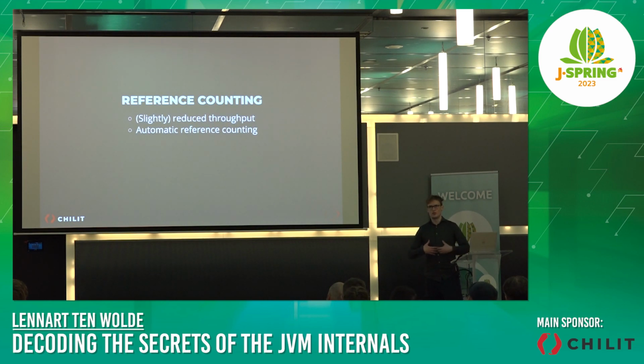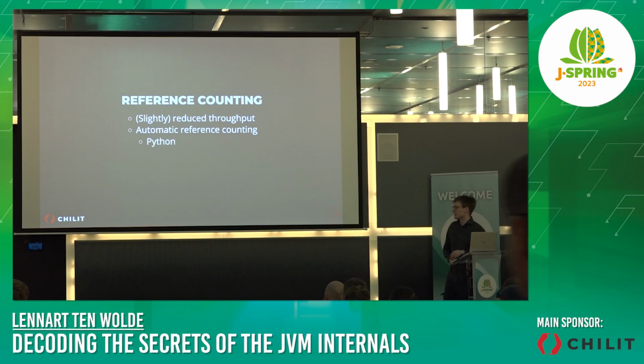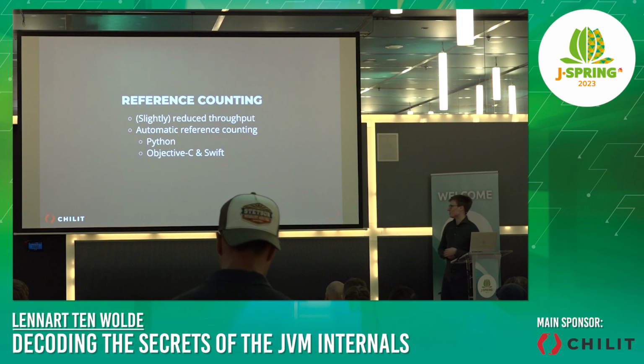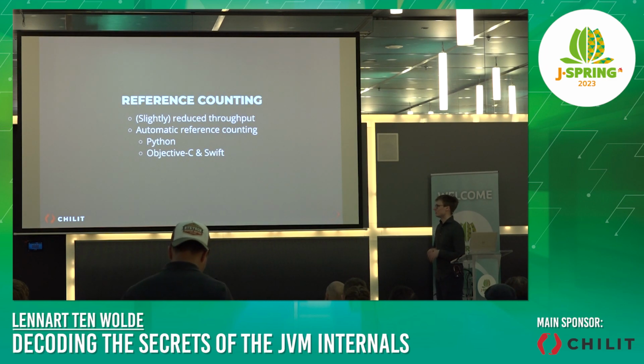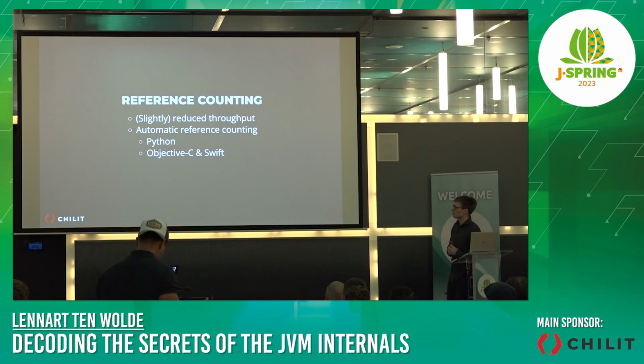And you still get behavior that's very similar to a manually managed application, where the memory is pretty much only exactly what you're actually using. One language that does this is Python. Another one I happen to know of is Objective-C and Swift, where I think the only supported strategy now is automatic reference counting.